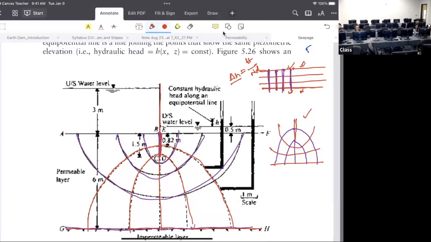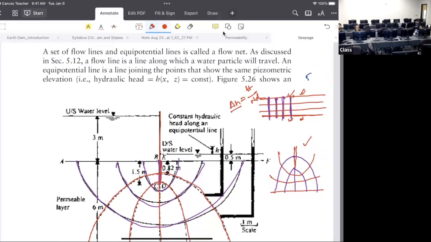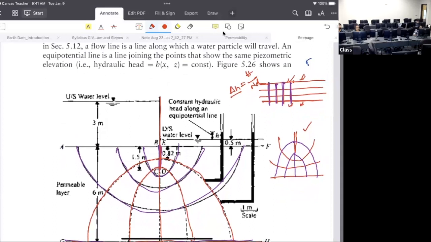And what is the L? That is the flow length. L is the flow length. Okay, so we are coming to the flow length.